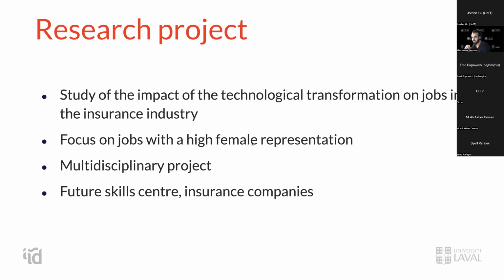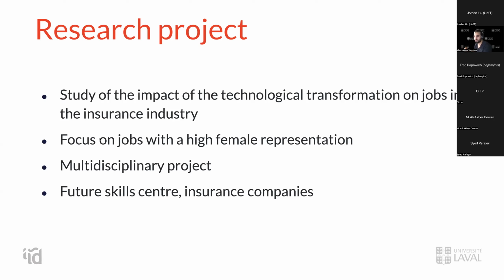So the project is actually a lot bigger than what I'm going to present to you. It's a multidisciplinary project with business administration, ethics, and education proportions. And it's about the study of the impact of the modern technological transformation on jobs, and more precisely in the insurance industry. So how is the growing implication of technology and software, everything that comes with that, affecting people's jobs and the skills required to actually perform those jobs.